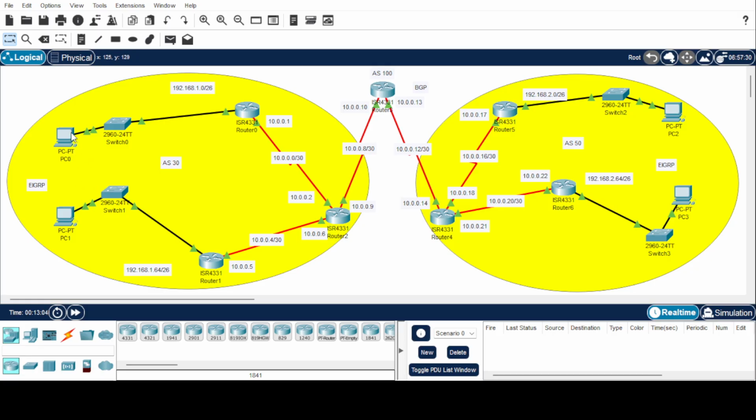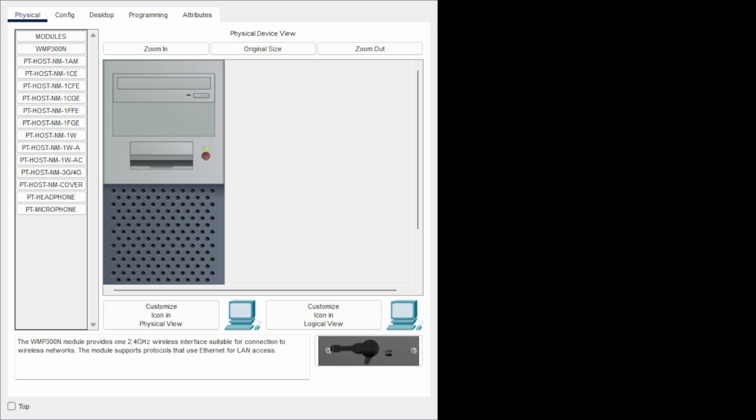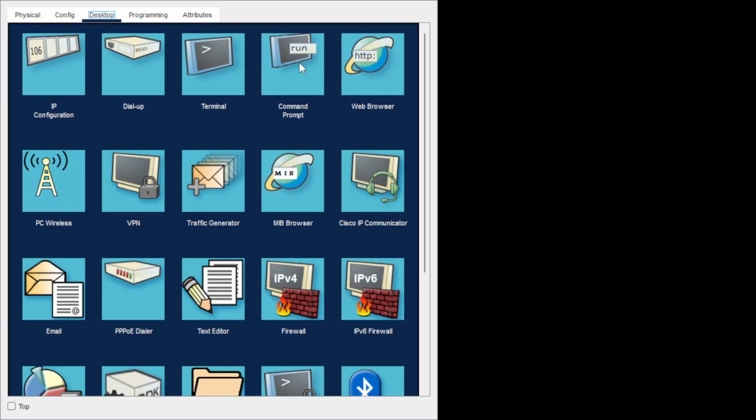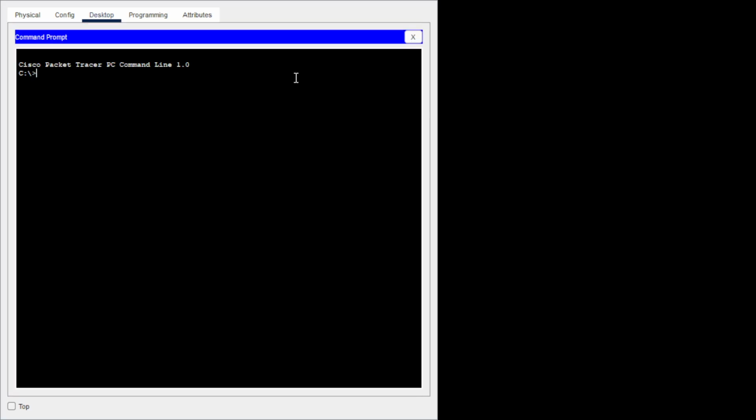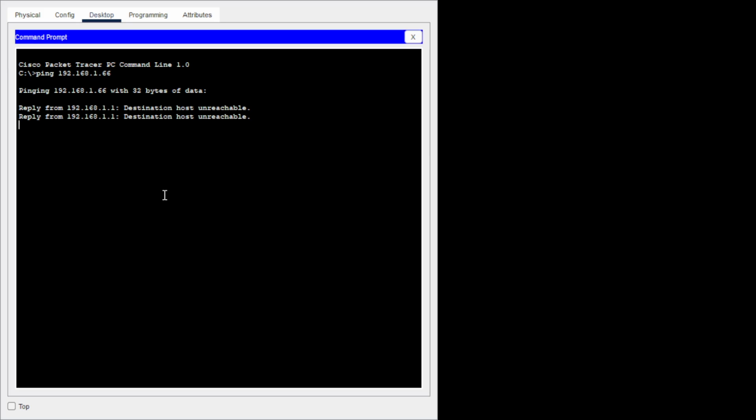First we'll go to PC0 and ping PC1, 192.168.1.66. Destination host unreachable. Okay, we'll keep it as a reference.